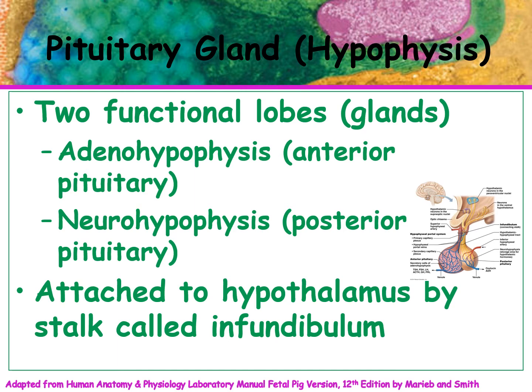The divisions of the pituitary gland have these specific names based on their embryonic origin. Adeno means gland, so the anterior pituitary consists of glandular tissue, while the posterior pituitary consists of nervous tissue. And these names also indicate how these specific parts of the pituitary gland are stimulated.